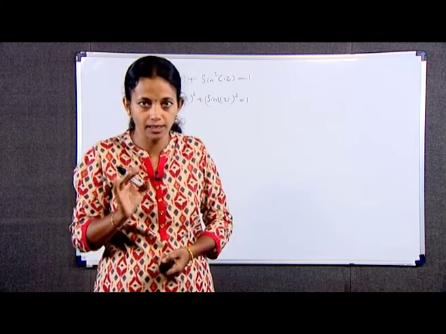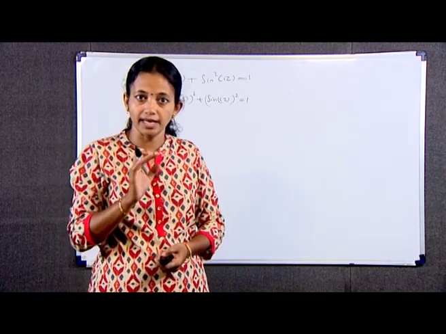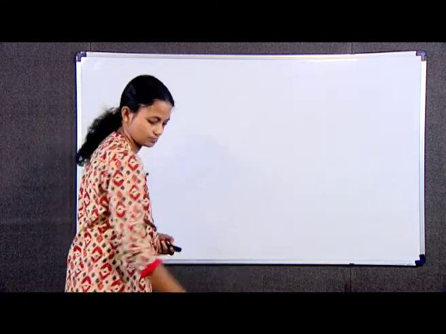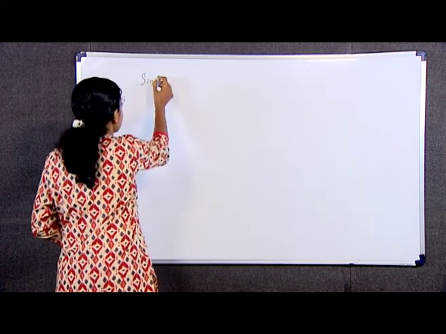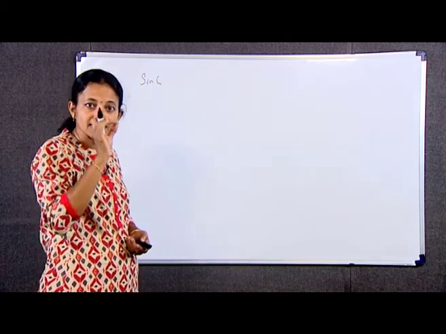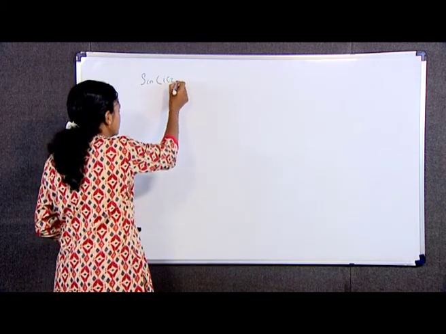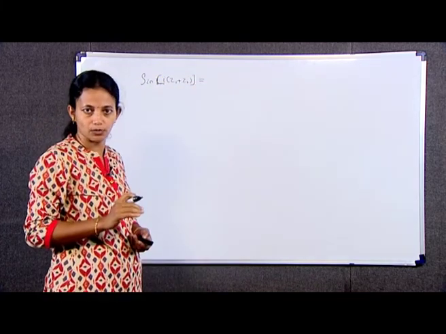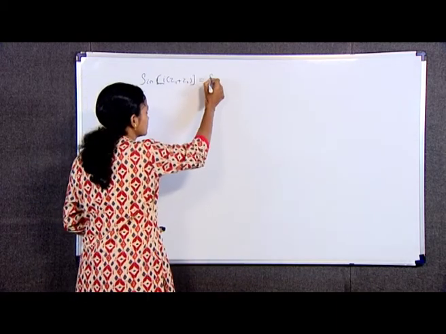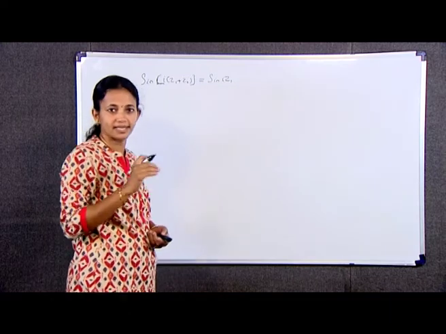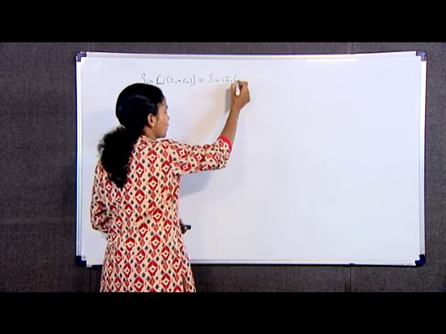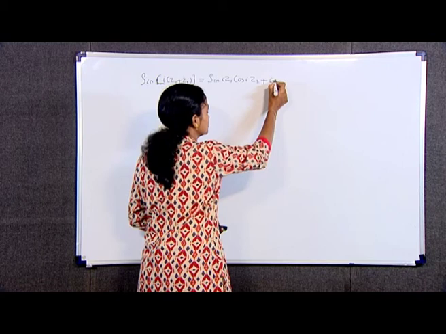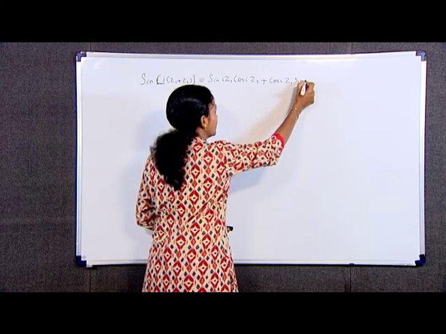Replacing z1 by i z1 and z2 by i z2, we obtain sin i times z1 plus z2, which is equal to sin i z1 cos i z2 plus cos i z1 sin i z2.